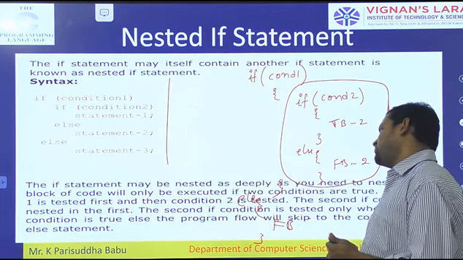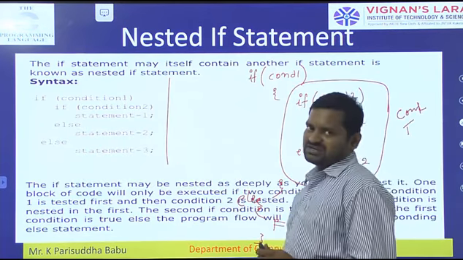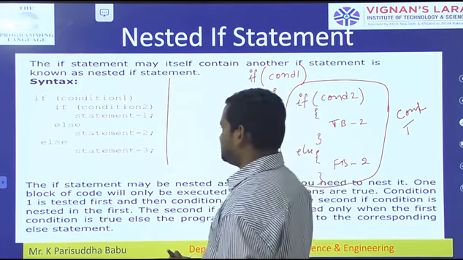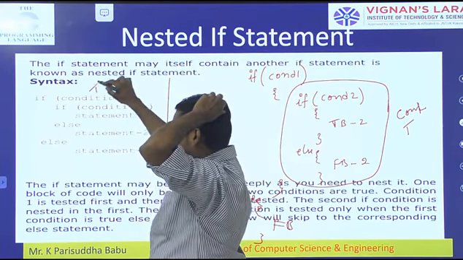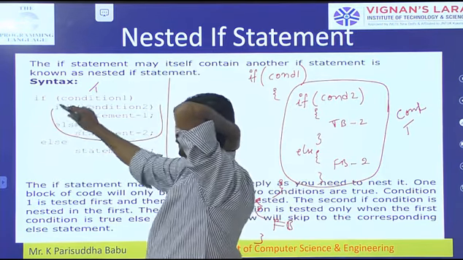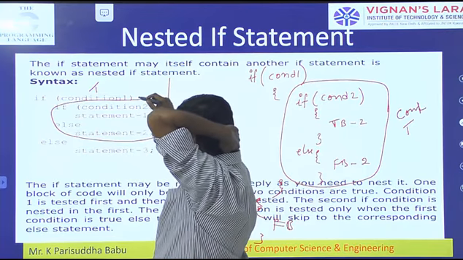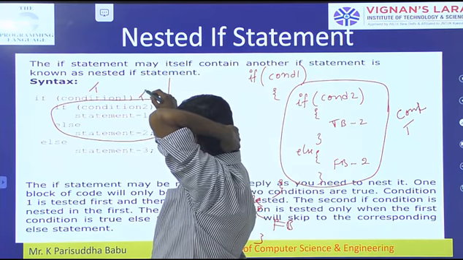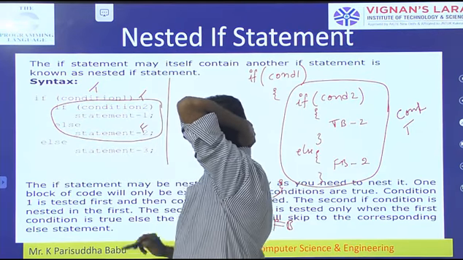Otherwise, the program flow skips to the corresponding else statement. If this condition is true, it automatically checks the next condition. If it is false, it checks the corresponding else.